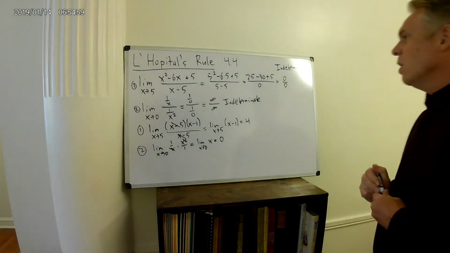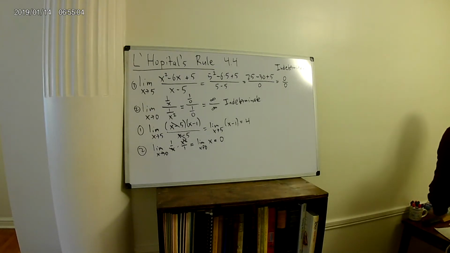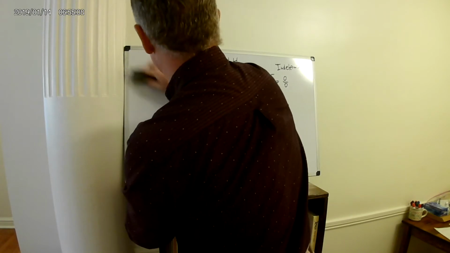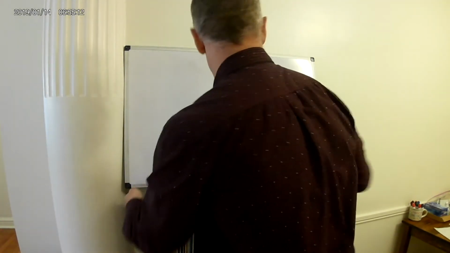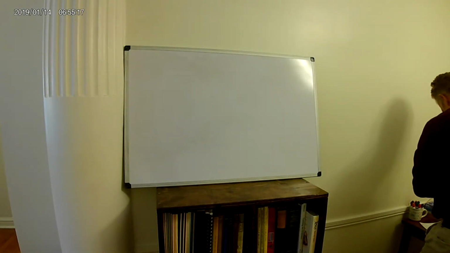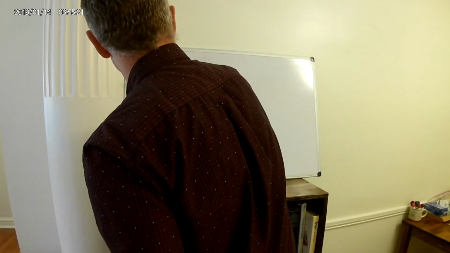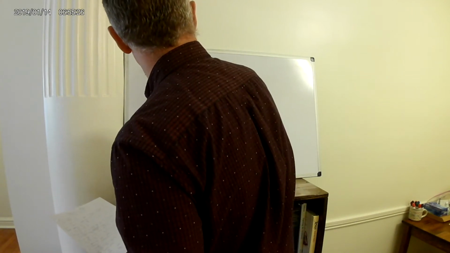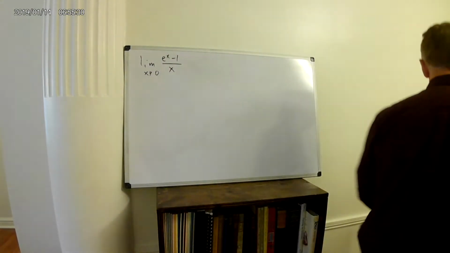Okay. Well, that's nice. But what if I gave you guys another limit? Let me erase this. The limit as x approaches 0 of e to the x minus 1 over x. Let's try to evaluate this limit.